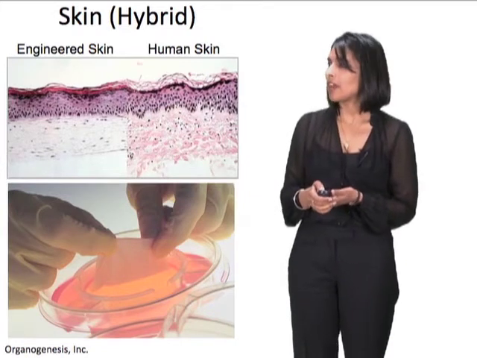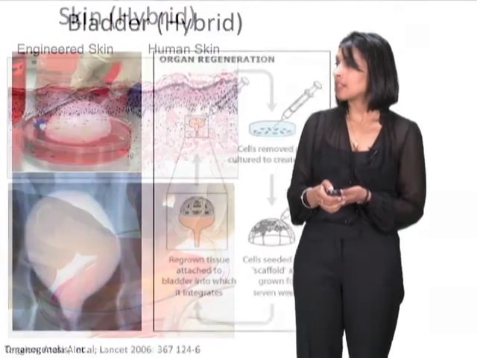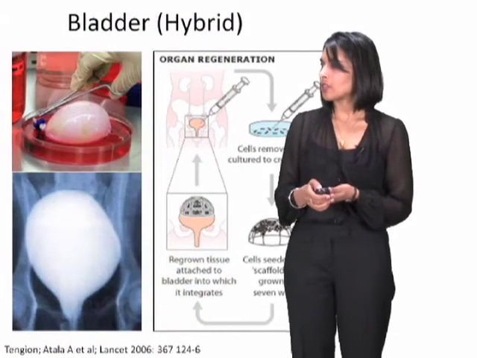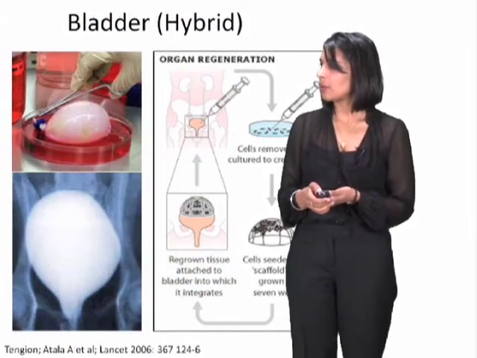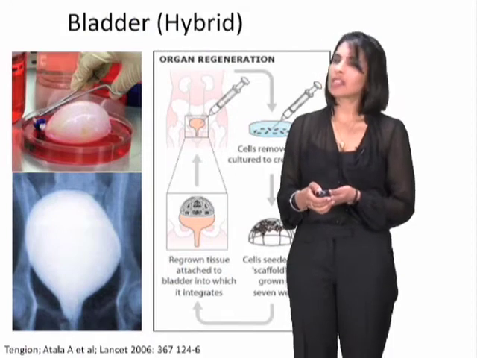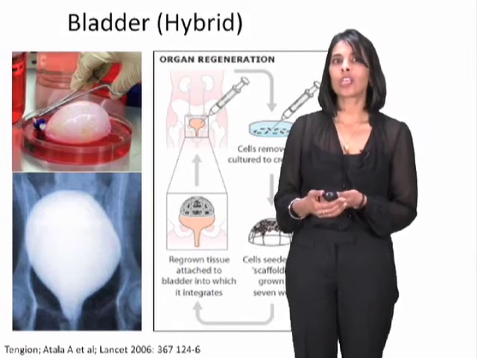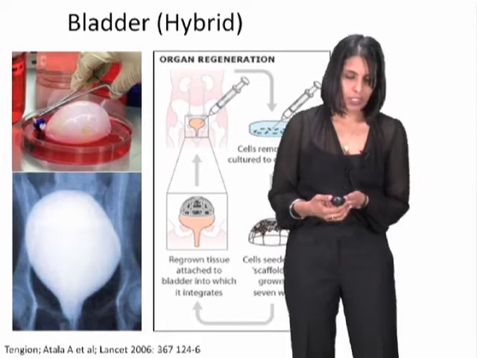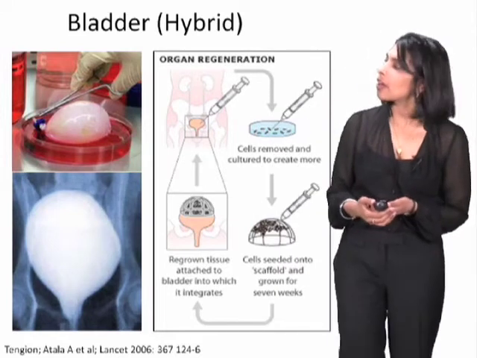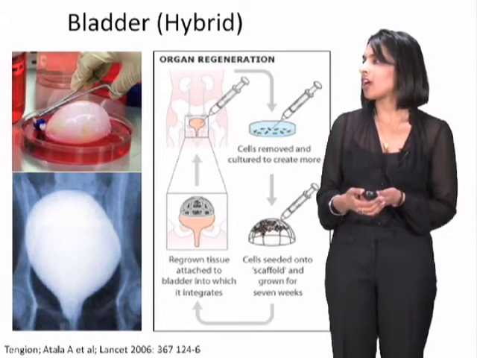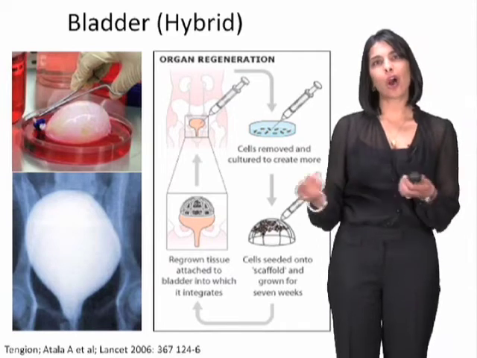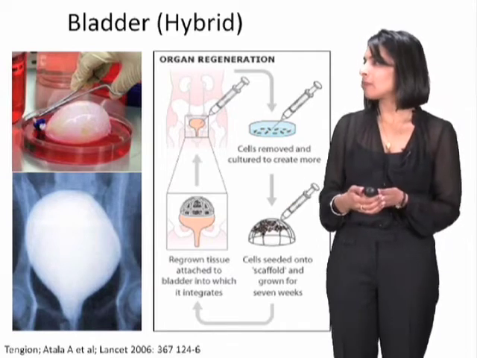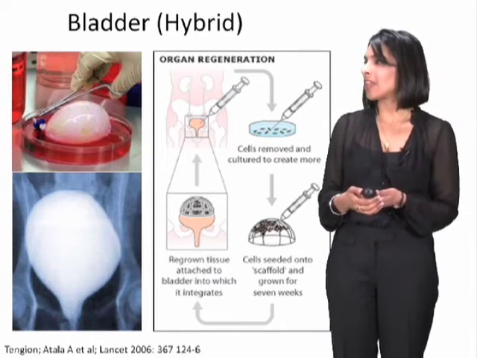Another example of a hybrid tissue engineered system is this one. This one was developed originally by Tony Atala and co-workers. In this system, instead of using a natural scaffold like collagen, we're using a synthetic scaffold called polylactic co-glycolic acid. This is a polymer, which I'll describe in a moment, but for now you can think about it like a plastic.